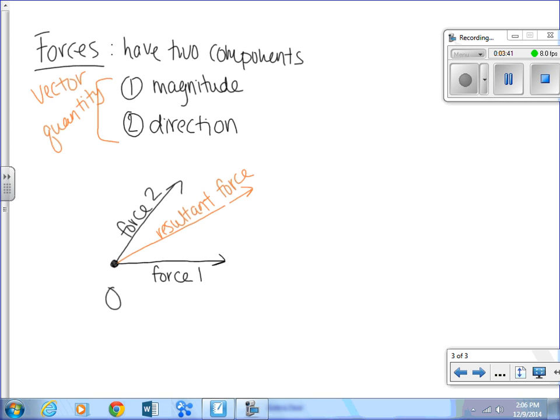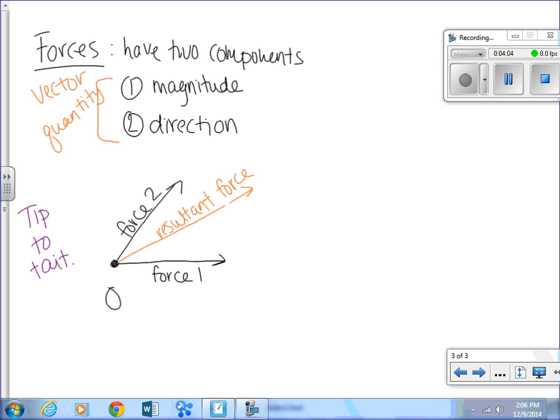Now, we can actually use some of the geometry that you already know, some of the trig that we've learned, to figure out what this resultant force is. This is kind of the buzz of vectors: whenever we have vectors, a really nice thing is if we put them tip to tail.